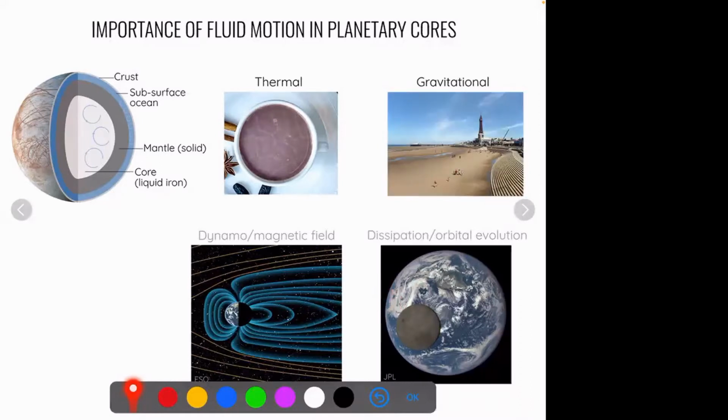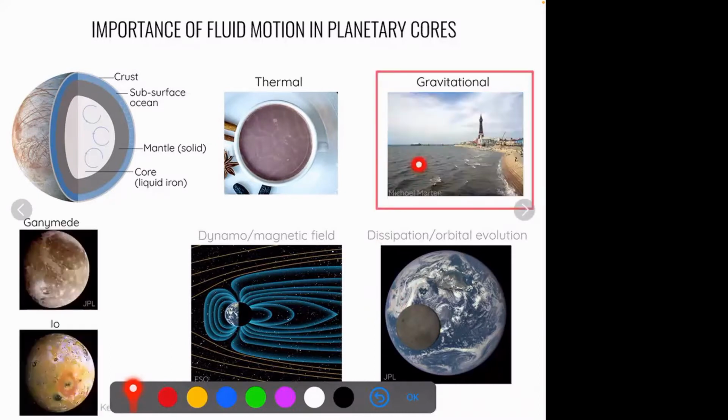Today I'm going to focus on tidal stirring of motion inside planetary cores, which is particularly relevant to small moons of the solar system, such as Ganymede or Io, which are known to have a magnetic field that can be explained by gravitational forcing.